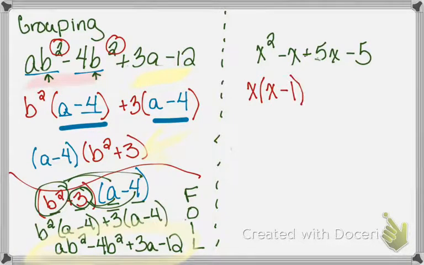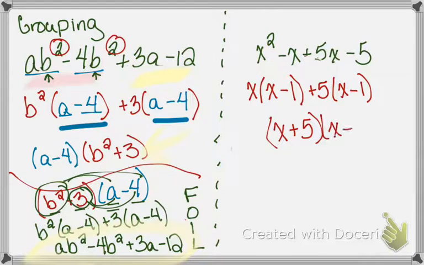What do I pull out of the second two numbers? Okay, 5 times what gives me x? 5 times what gives me -5? Excellent. So my final answer is x plus 5 times x minus 1. Okay? X plus 5 times x minus 1.